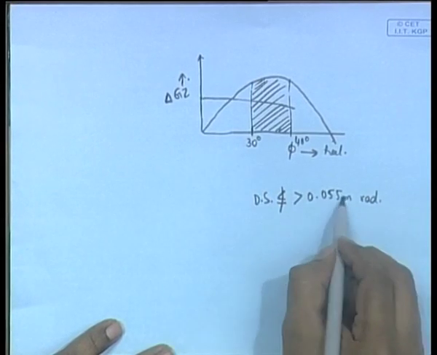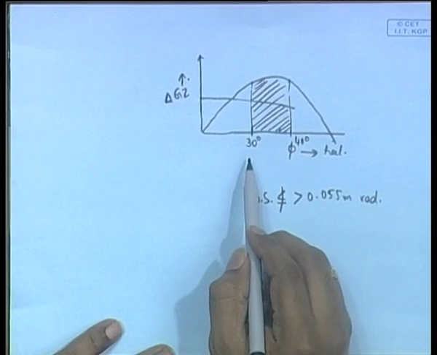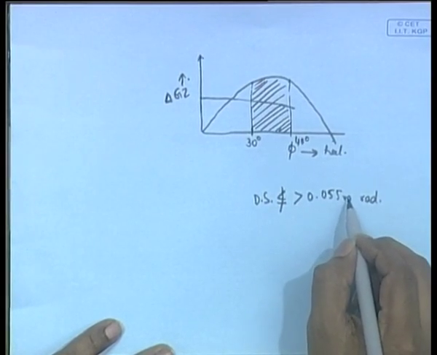As you can see, the unit of dynamic stability is either meter radians or tons meter radians.